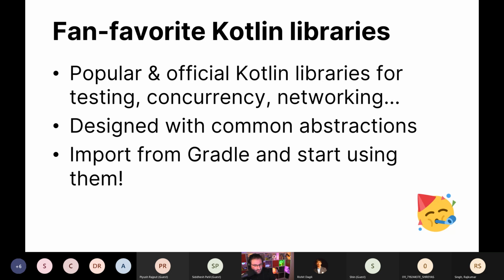If these things are designed with common abstractions that are pure Kotlin instead of wrapping a Java library, you can literally just import them from Gradle and start using them immediately. So if you have some knowledge about these frameworks and APIs, if they're multi-platform, you can just use them from the JavaScript target as well.